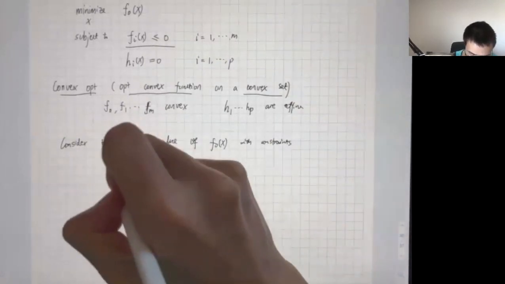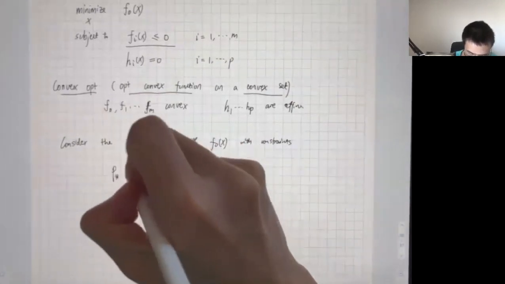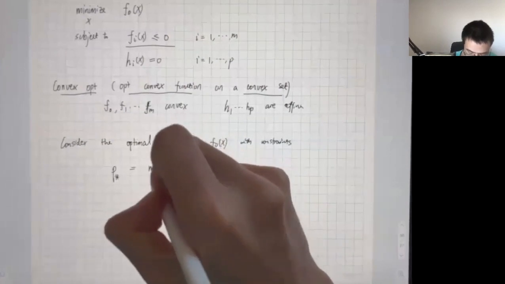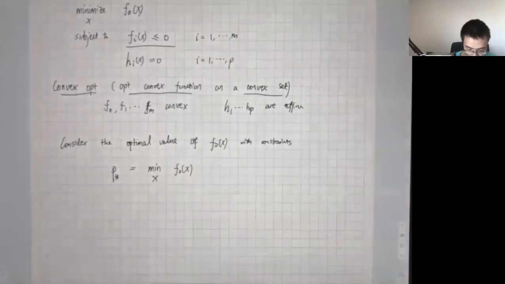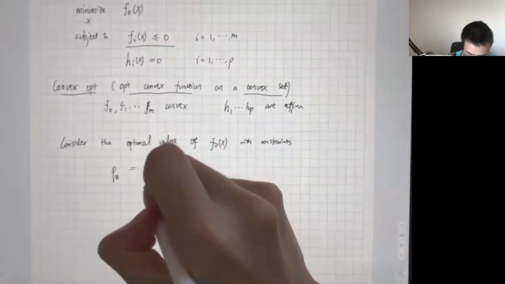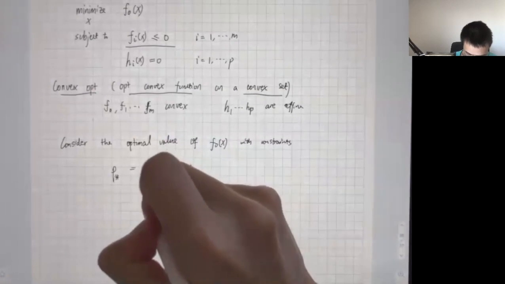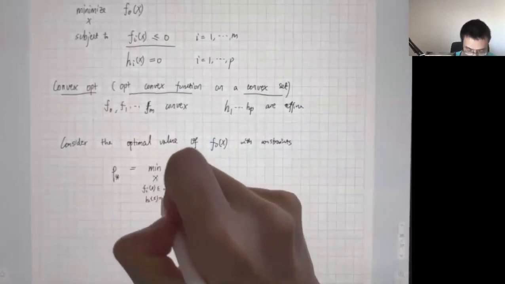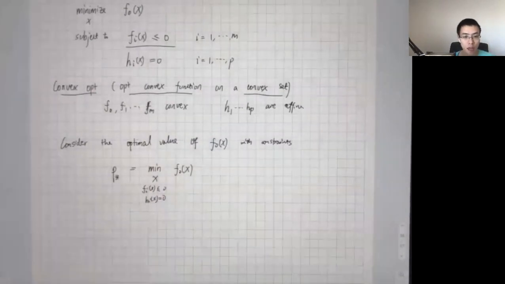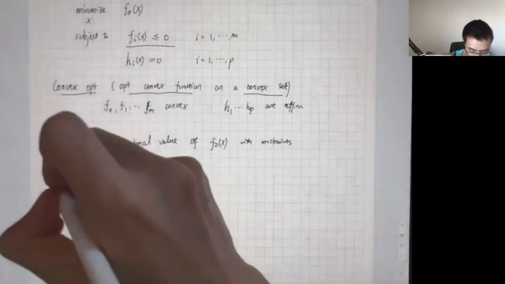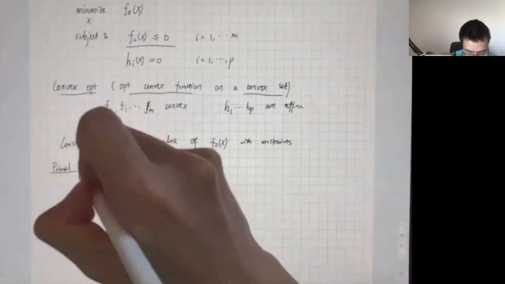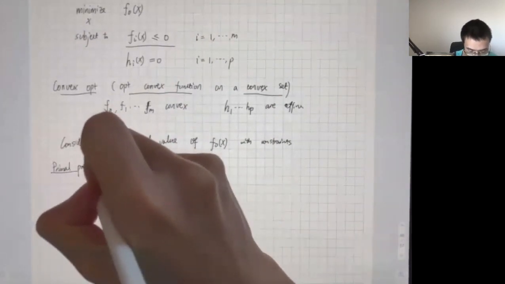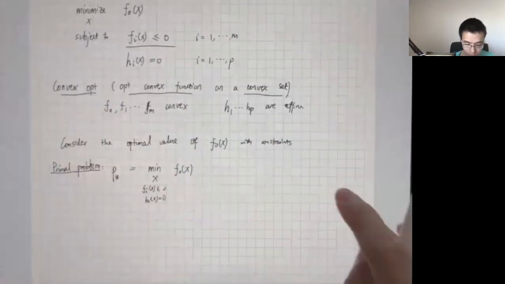I'm saying p star is the min over x of f0 of x, subject to fi of x less than or equal to 0, hi of x equals 0, okay? So this is my optimum value of my constrained optimization. So this is known as the primal problem, which just means the original problem, okay? It just means it's the original problem that we have.